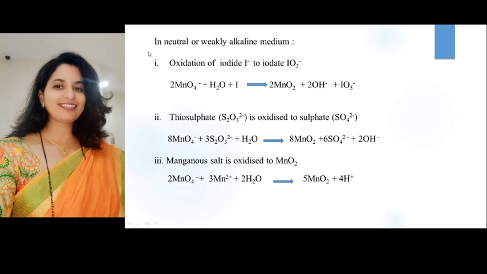In neutral or weakly alkaline medium, it helps in oxidation of iodide ion to iodate, IO3-, ion. Thiosulfate is oxidized to sulfate, that is S2O3 2- is oxidized to SO4 2-. Manganese salt is oxidized to manganese dioxide.